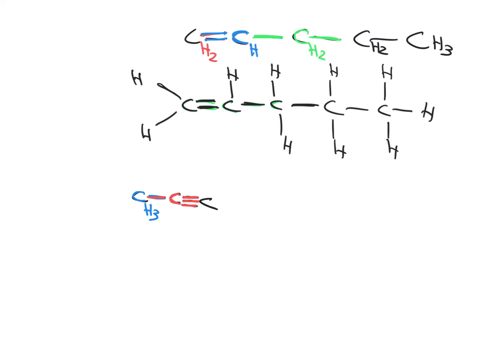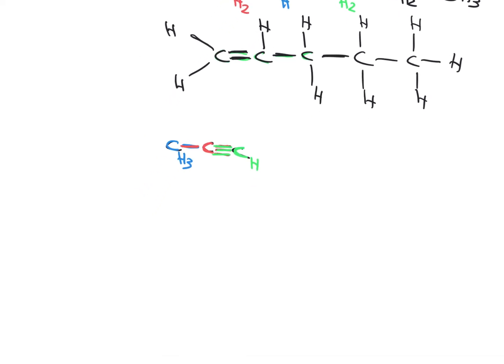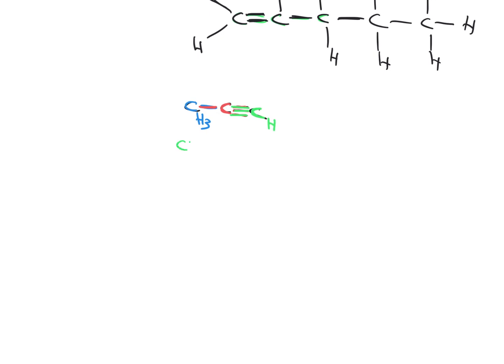For the other carbon, we have 1, 2, 3, we need 1 more bond, so we put 1 hydrogen here. So this we call CH3CCH. This is the abbreviated structural formula, which gives us information on how we bond atoms together.